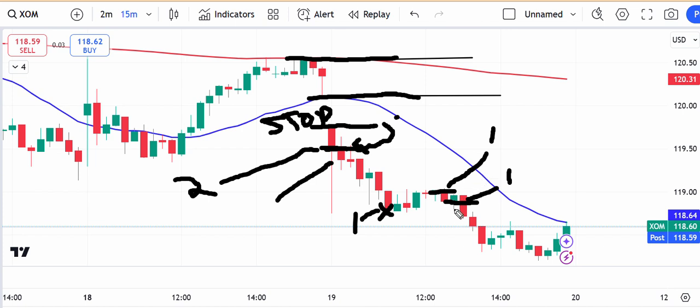From this point, what you could have done, you could have waited. You could have rode this down to here. Dumped out your one. Your remainder from here went to here. Your new stop gets rotated down to there.